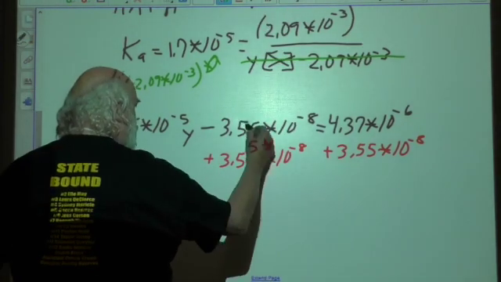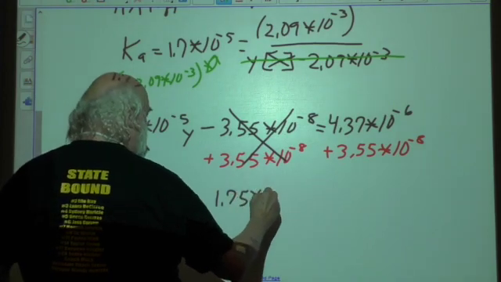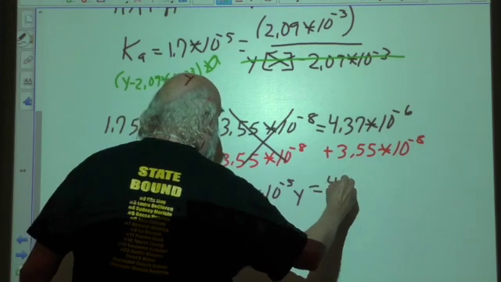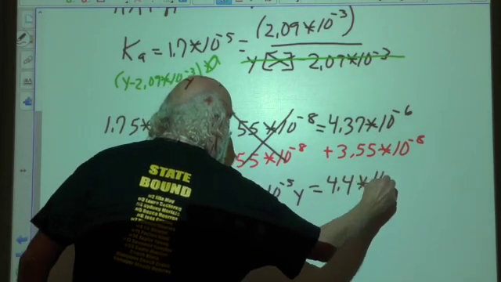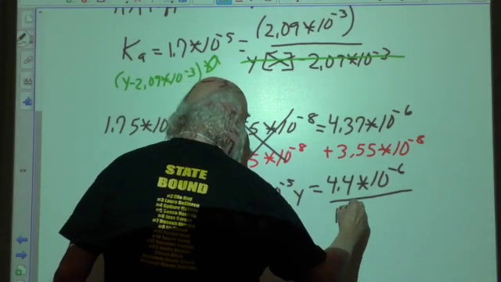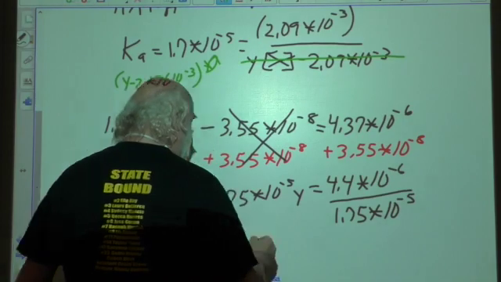So that cancels out. That leaves me 1.75 times 10 to the negative 5 Y equals 4.41 times 10 to the negative 6. Now I have to divide by 1.75 times 10 to the negative fifth.